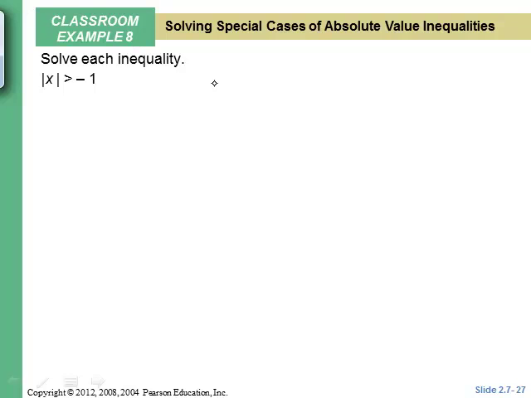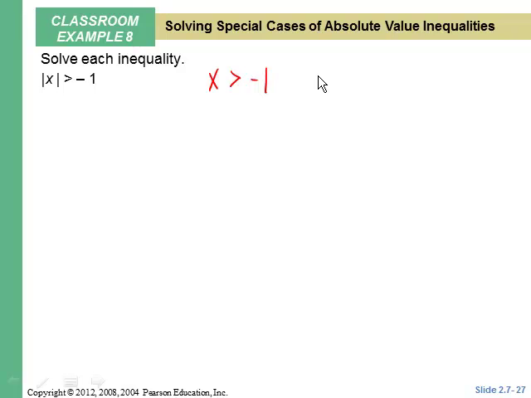Okay? If the absolute value is greater than negative 1, then x is greater than negative 1. And then with the greater than symbol, if you remember, greater than we translate as, I got to make sure I got it right. Greater than translates as an or.